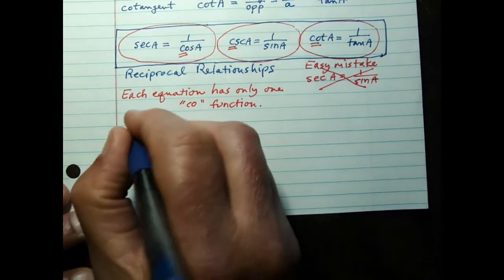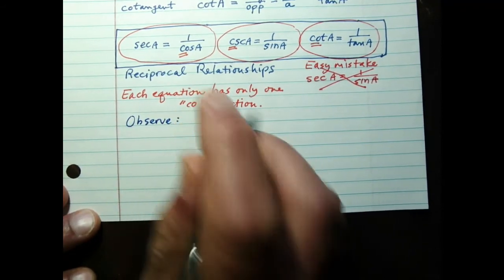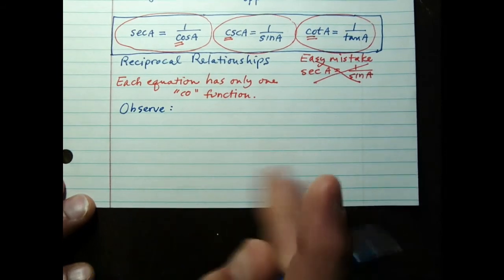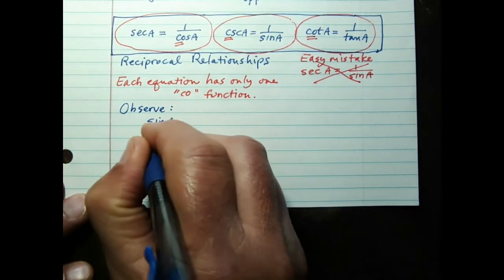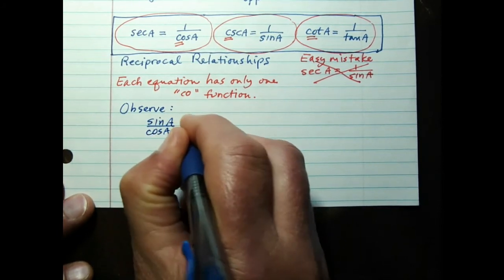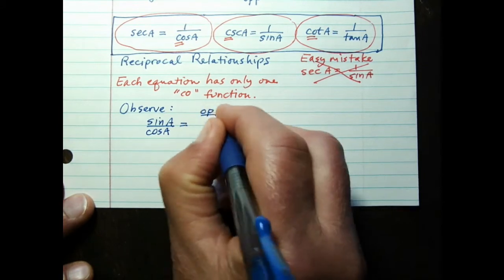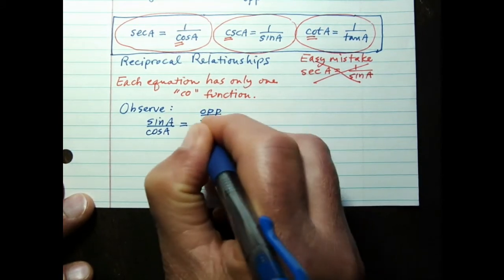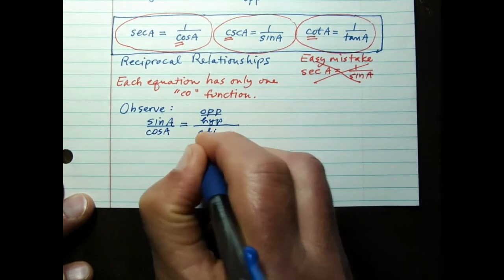Okay, there's another observation that we want to make at this point, and it involves looking at sine of an angle divided by cosine of an angle. Now, sine of A would be opposite over hypotenuse. This is just good old SOHCAHTOA. Cosine is adjacent over hypotenuse.